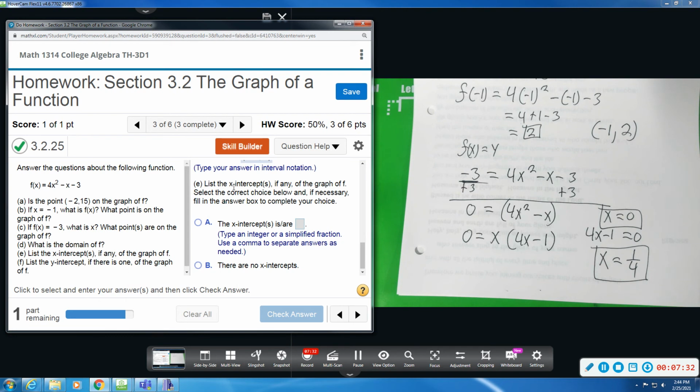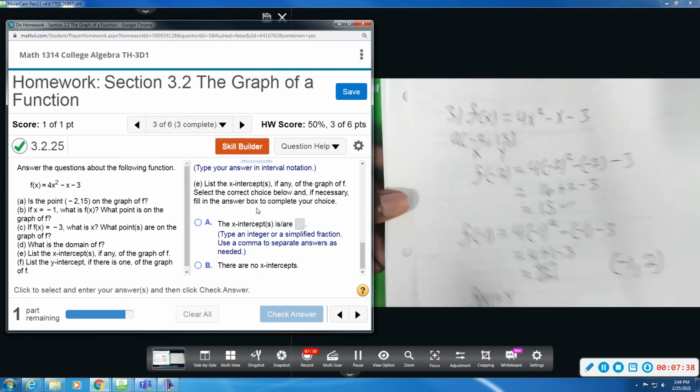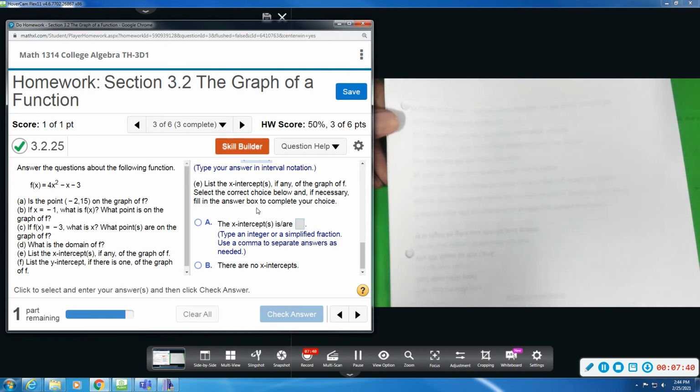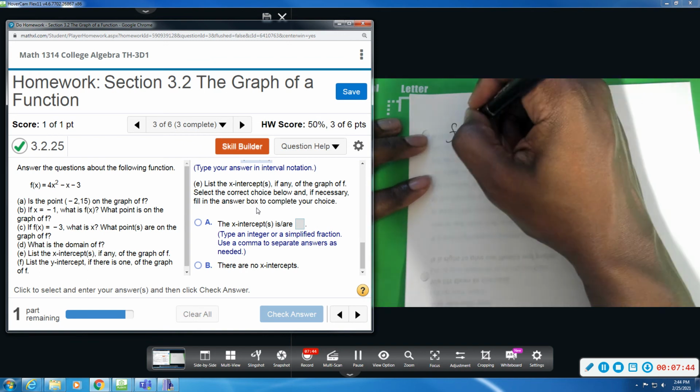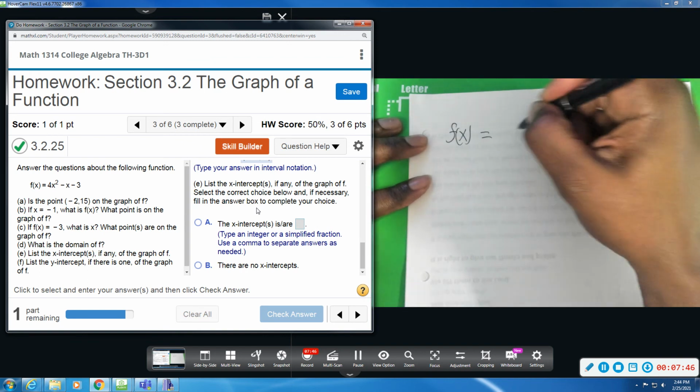Now we're also going to look for the x-intercepts of the graph. So when we find x-intercepts, remember the y value is 0.